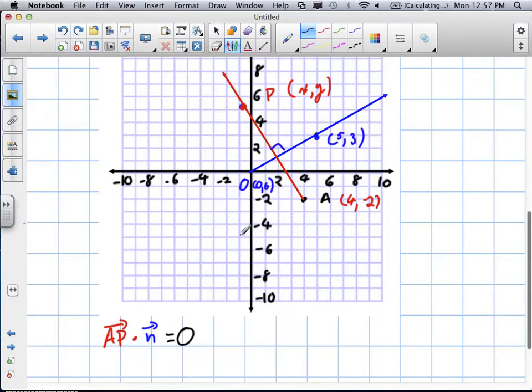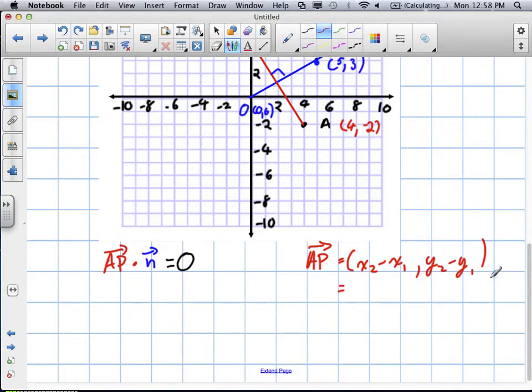We already know the values of vector n. Let's figure out what vector AP is. Vector AP is equal to, if you remember, (x2 minus x1, y2 minus y1). This gives us a directional vector for AP.